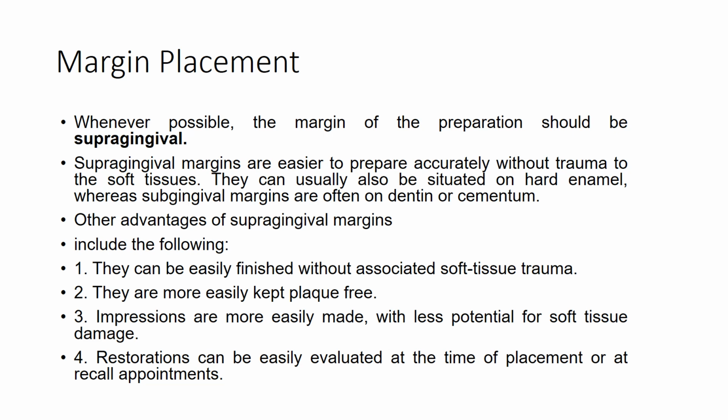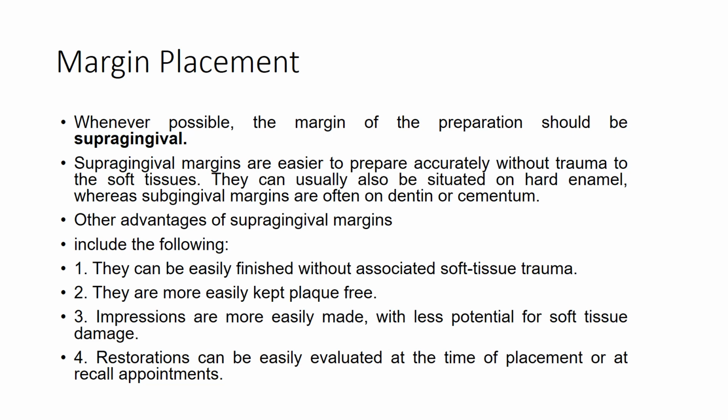Also, impressions are more easily made because you do not need to use any type of gingival retraction procedure, and there is no bleeding and no gingival crevicular fluid because the margin is supragingival. So it's much easier for a newbie to capture the impression accurately.